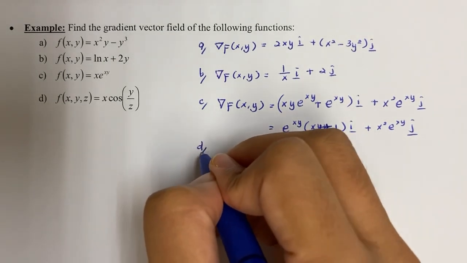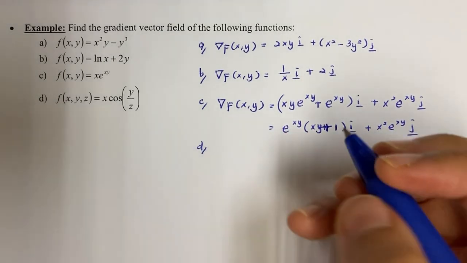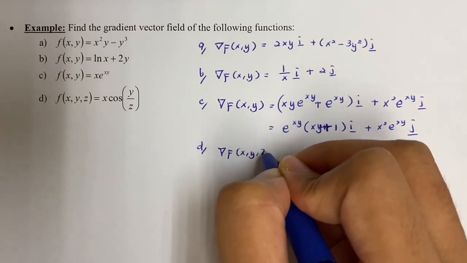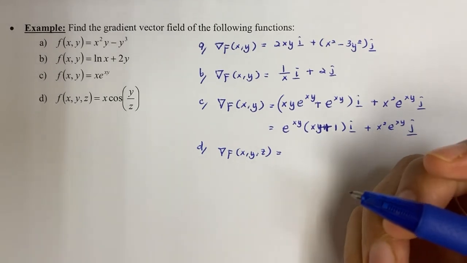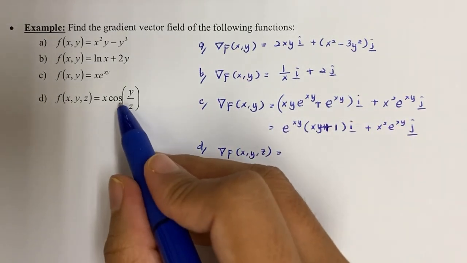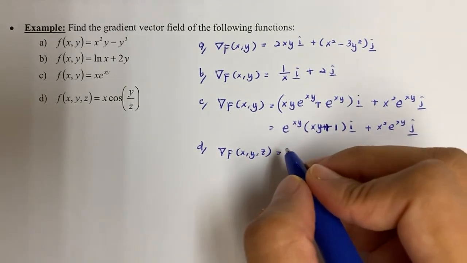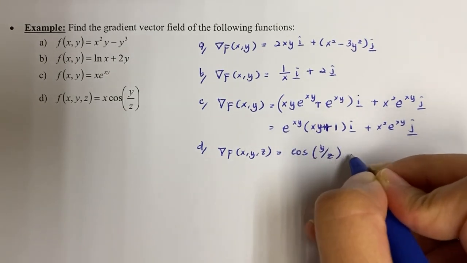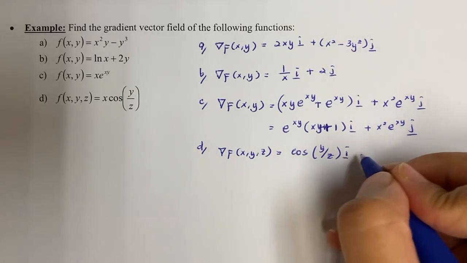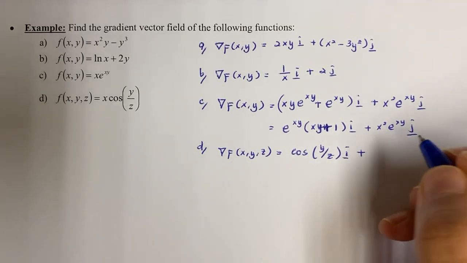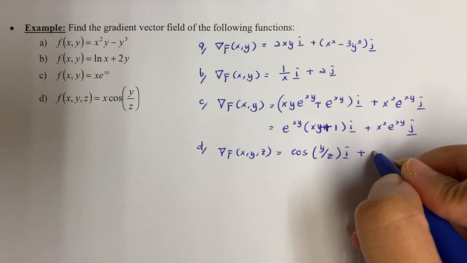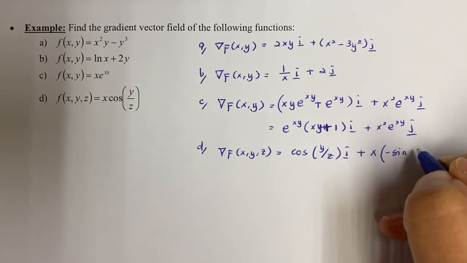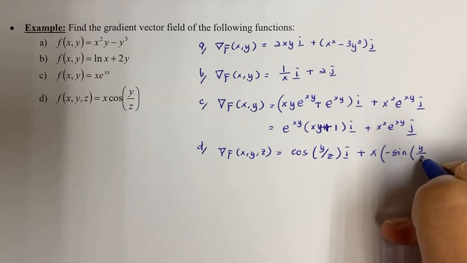And last, for D, you have f(x,y,z). So nabla f(x,y,z), the gradient for three-dimensional space. For x cos(y/z), differentiate with respect to x, you have cos(y/z) for i, plus, differentiate your cos, you have minus sin(y/z).